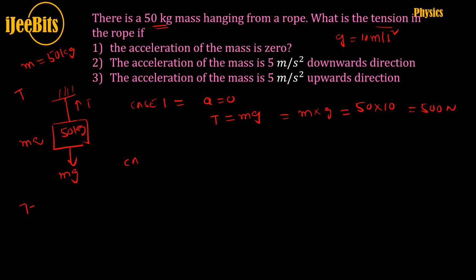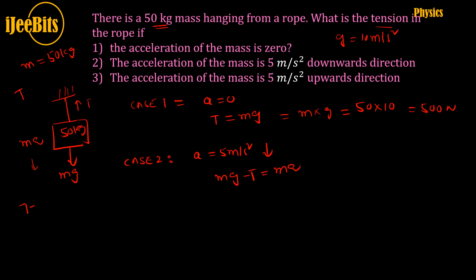Look at case 2. So what is case 2? A equals 5 meters per second squared, downward direction. So when you say downward direction, ma would be on this side, right? So then you have to start with mg. Your net force, according to Newton's second law, would be mg minus T. So mg minus T would be your ma, right?